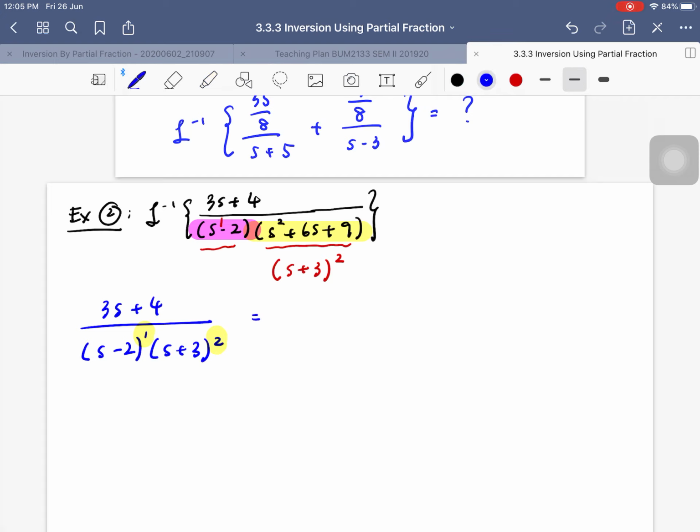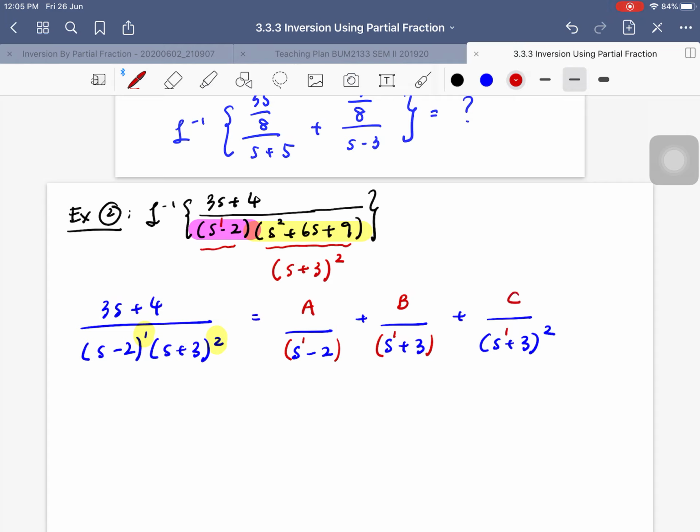The first one is going to be something over s - 2, then a function over s + 3, and the last one is going to be over (s + 3) to the power of 2. Because the s inside each bracket is raised to the power of 1, we end up with constants A, B, and C at the top.